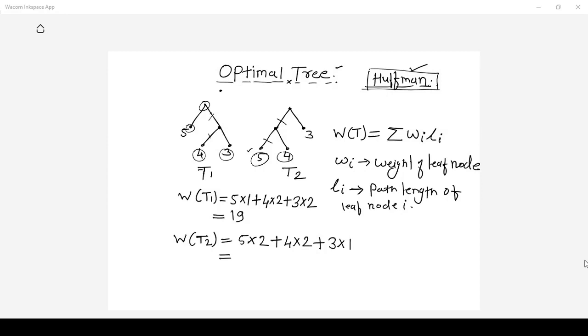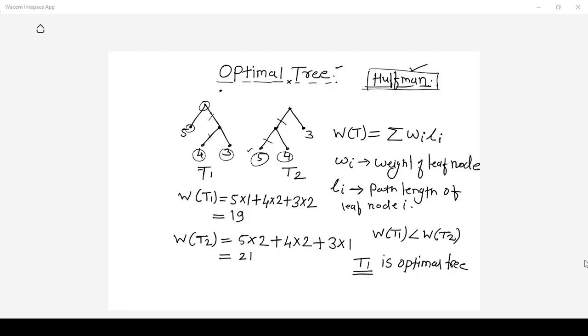So the weight of tree T2 becomes 21. If you see, the weight of tree T1 is less than the weight of tree T2, and hence T1 becomes an optimal tree.